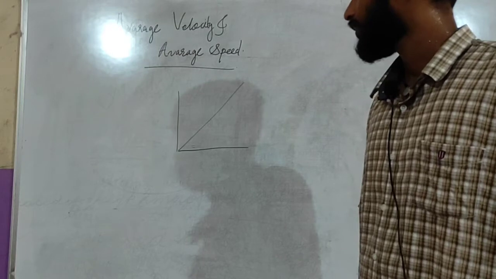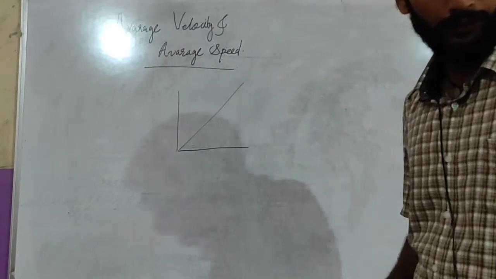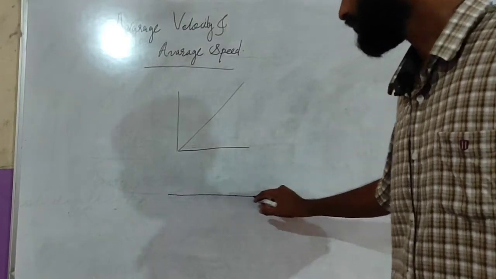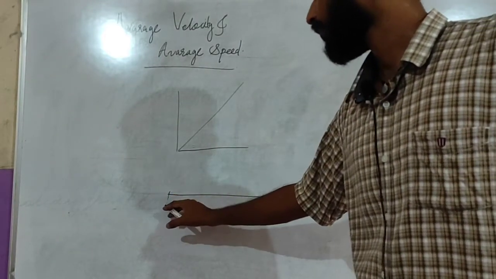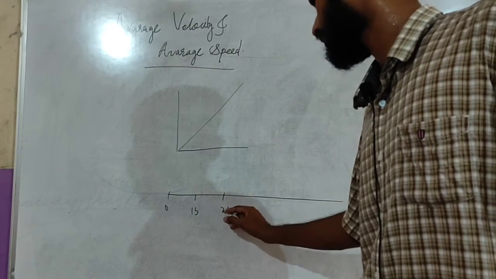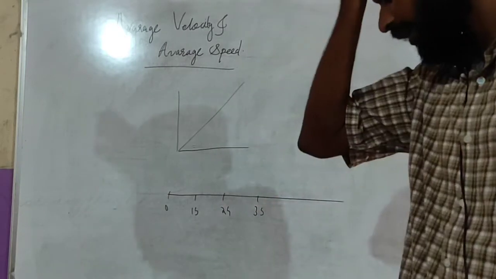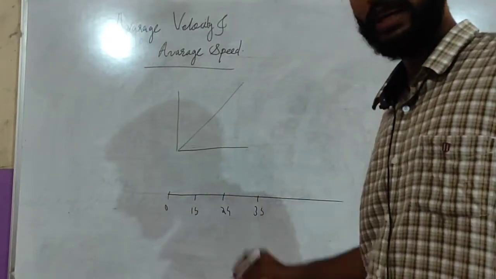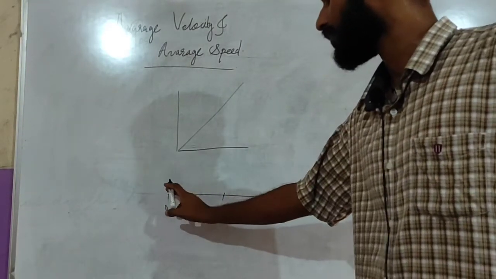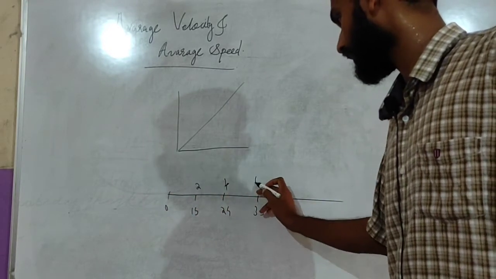So, that means you are having a linear graph. Now, consider the positions at 0, 1 second, 2 seconds, 3 seconds. The position should be increasing equally. So, if 0, I am taking 2, 4, 6.